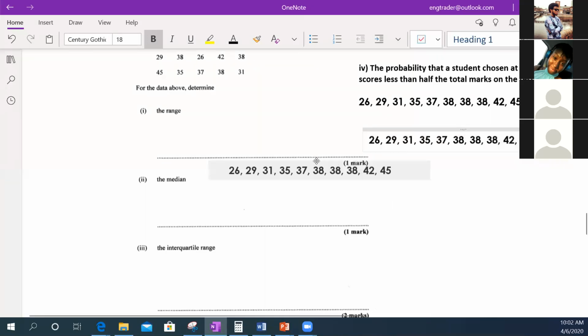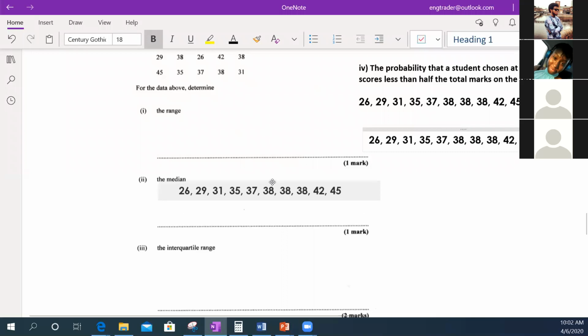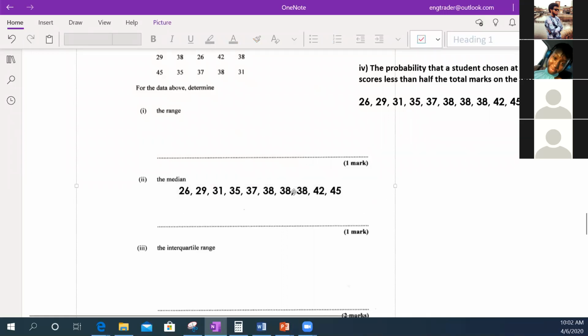The next one now, the median. In this case we have an even number of items, so we know we have to find the average of two numbers. The two center numbers are 37 and 38.